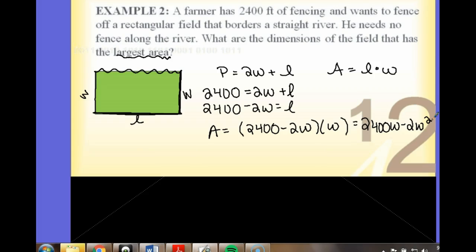To find a max or min, precisely, you take your derivative. And where do maximums or minimums occur? At the zeros of the derivative.